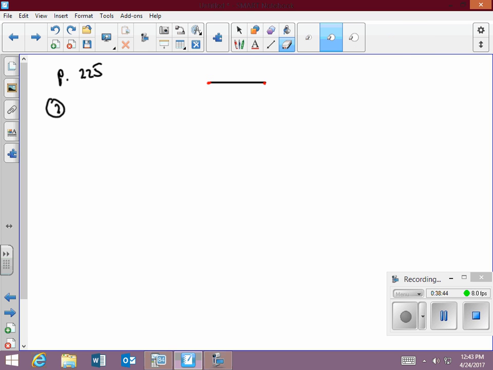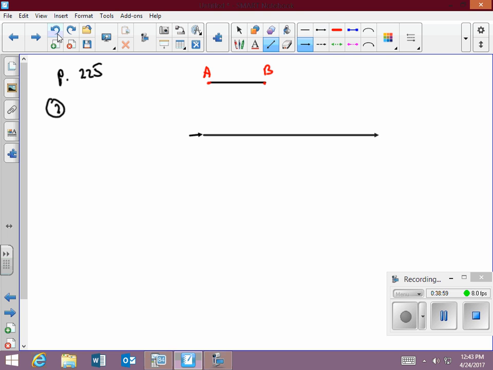A, B. And then on that line, we're going to construct a line segment that is 3 times that segment AB.